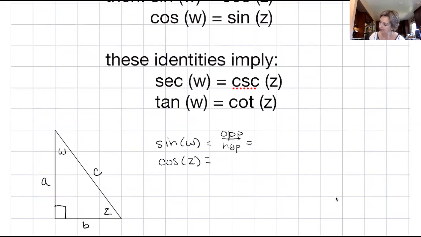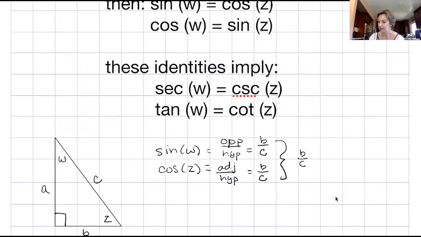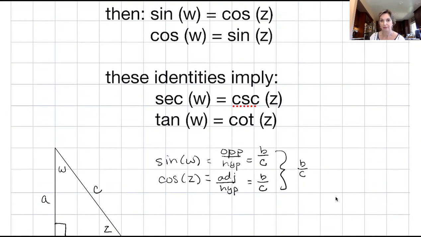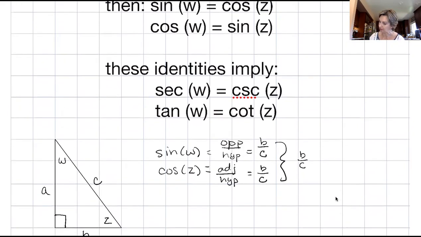Opposite of angle W is going to be B, and the hypotenuse is C. Cosine is adjacent over hypotenuse, and the side that's adjacent to angle Z is going to be B, and the hypotenuse is C. So right there you can see they are equal. They're both equal to B over C. So that makes that first statement true. Sine of W is equal to cosine of Z.